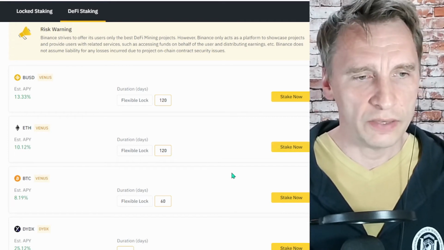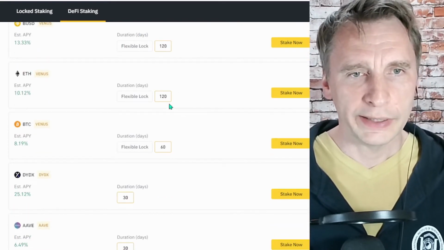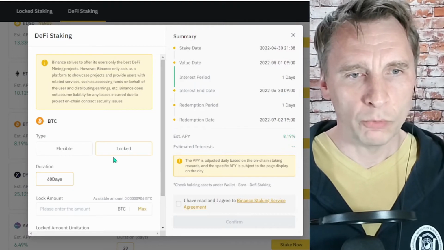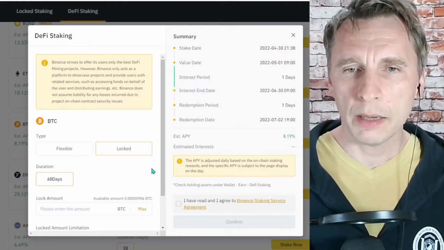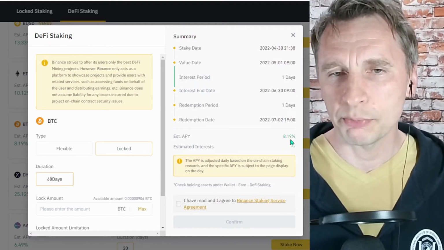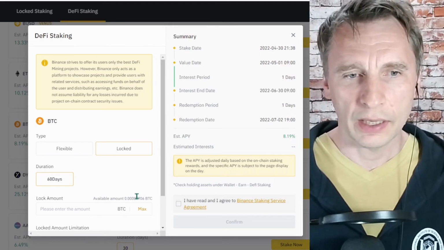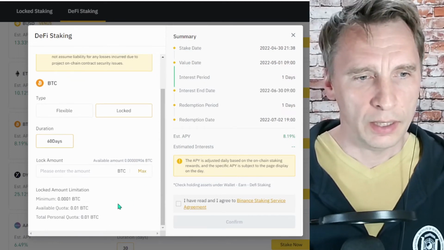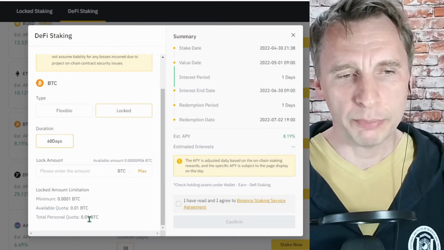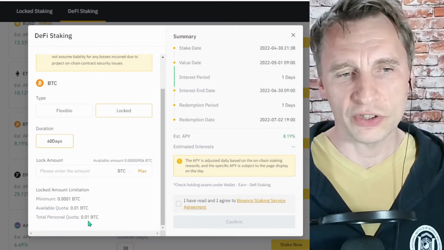So let's say if we go to, for example, Bitcoin, we have a choice of a 60-day lockup, which would give us a return of 8.19%, and the personal quota for me personally is 0.01 Bitcoin.